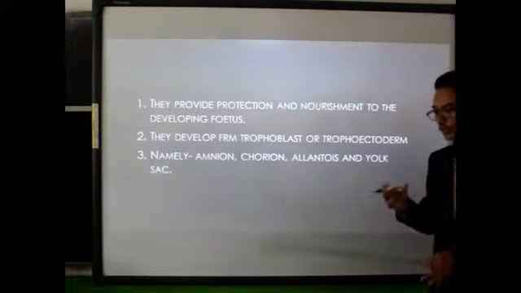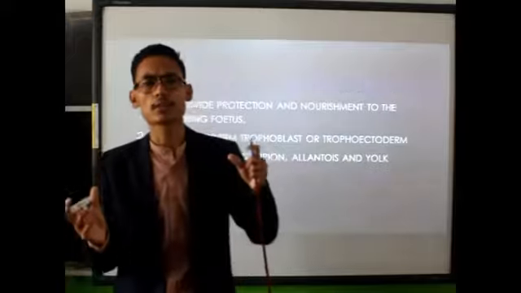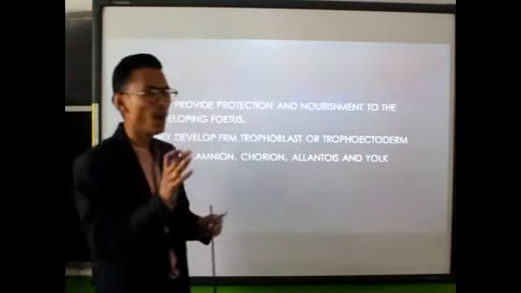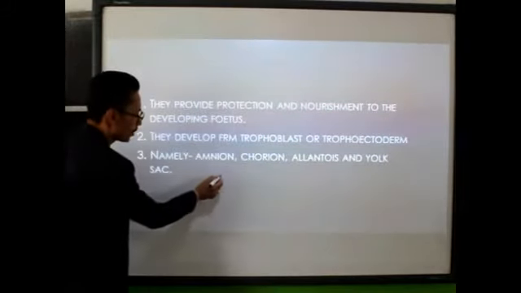If you remember the structure that we have learned, just try to recall the structure of the blastocyst. When we were learning about the blastocyst, the outermost layer was known as the trophoblast.